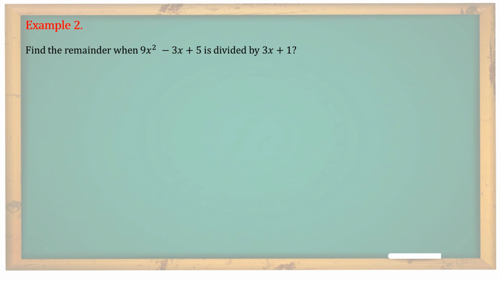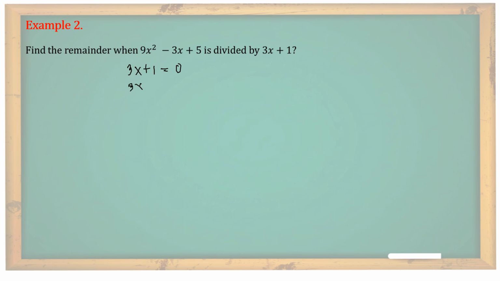Number 2, find the remainder when 9x squared minus 3x plus 5 is divided by 3x plus 1. So yung ating p of x, hanapin muna natin yung value ni x dito ha. So yung 3x plus 1 equals 0.